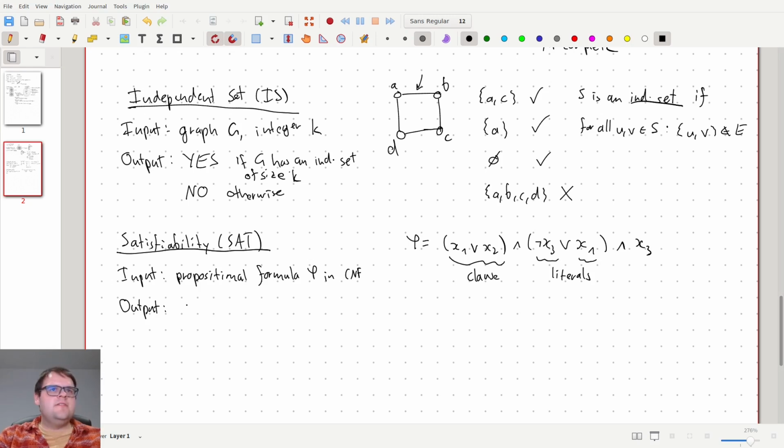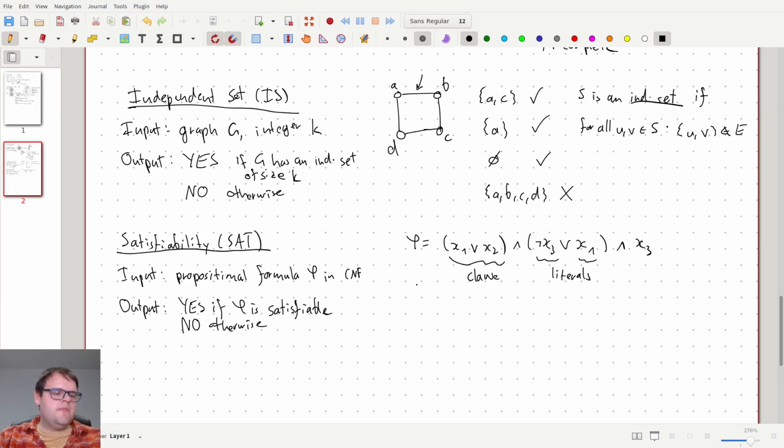And then, yeah. So what's the output of satisfiability going to be? The output is going to be yes if phi is satisfiable, and it's going to be no otherwise. So what does it mean for phi to be satisfiable? It's satisfiable if we can find a variable assignment that makes the formula true, basically.